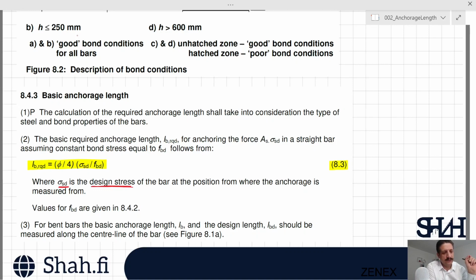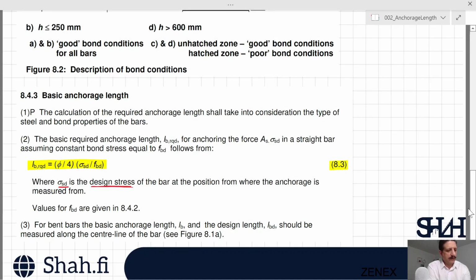As a result, if in a project you are facing similar difficulties, then we can use this clause to decrease the anchorage length. Values for FBD are given in 8.4.2. We already determined that. And for bent bars, the basic anchorage length and the design length should be measured along the center line of the bar. We had this graph as well earlier.